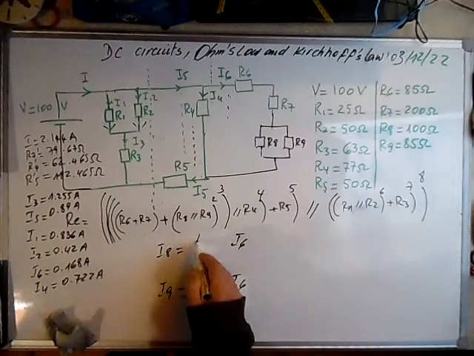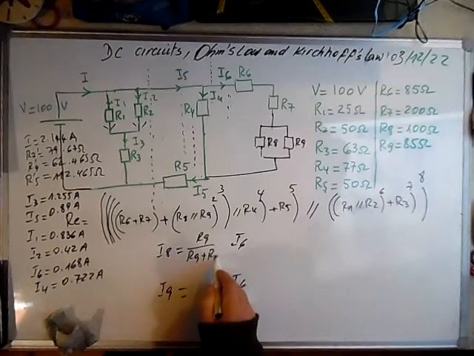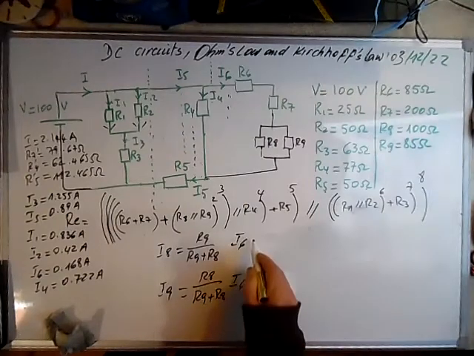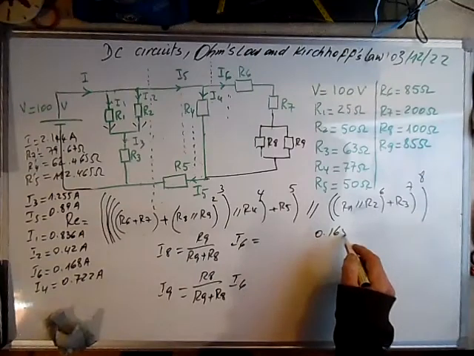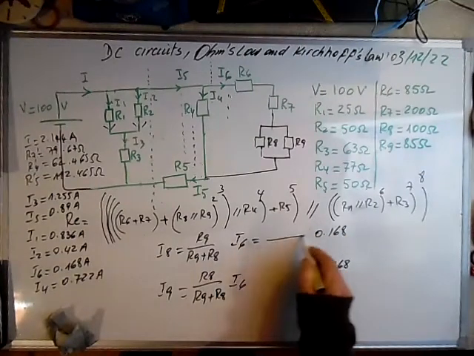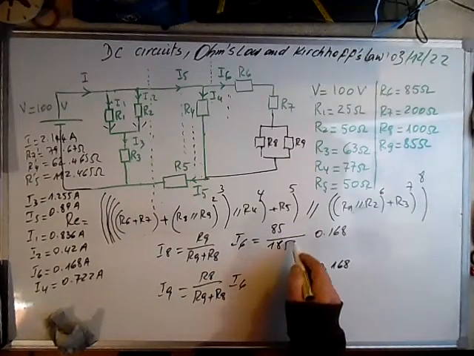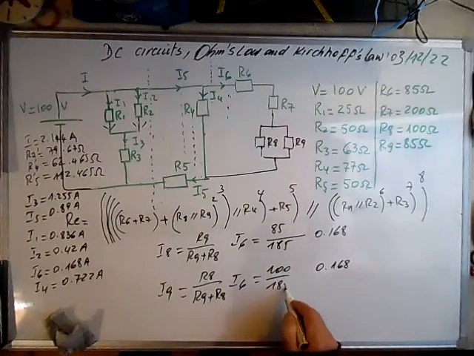This is R9 over R9 plus R8, R8 over R9 plus R8, this is 0.168, and here we have R9, which is 85 over 185, here it's 100 over 185.